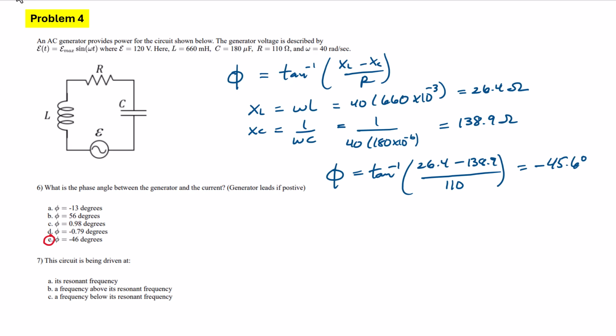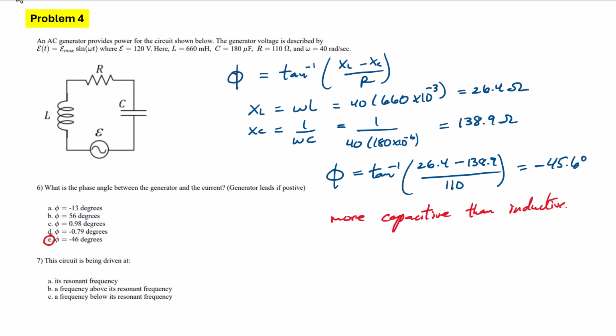This circuit acts more like a capacitor than it does an inductor. More capacitive than inductive. Okay, so this circuit is being driven where? At its resonant frequency, at a frequency above its resonant frequency, or at a frequency below its resonant frequency.